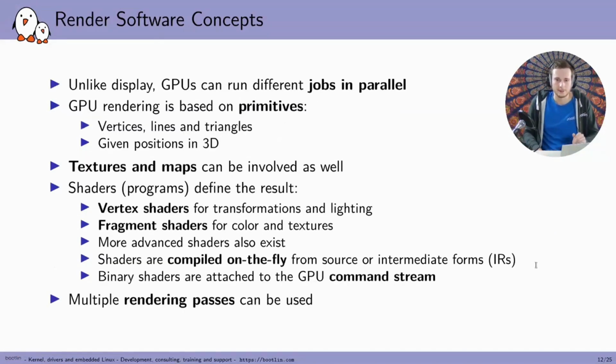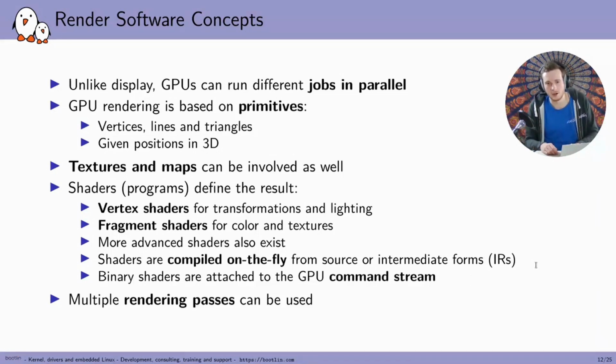So for rendering now, the situation is a little bit different because we don't have this exclusivity problem. When we're rendering pictures, we can render different pictures at the same time in parallel. So this is the case with GPUs. And so now GPU rendering is based on using primitives, which I've mentioned a bit already.